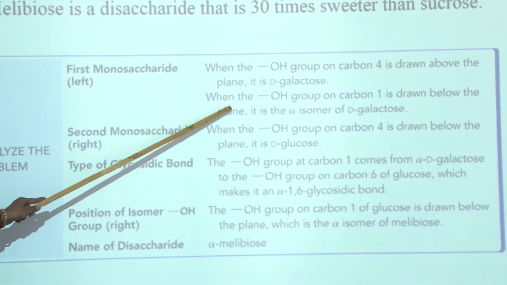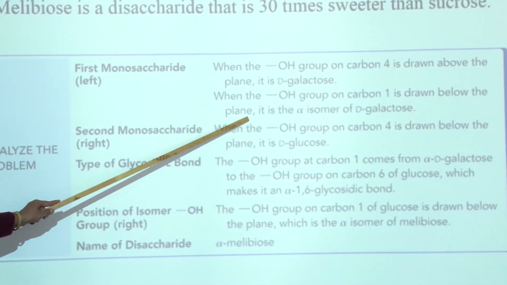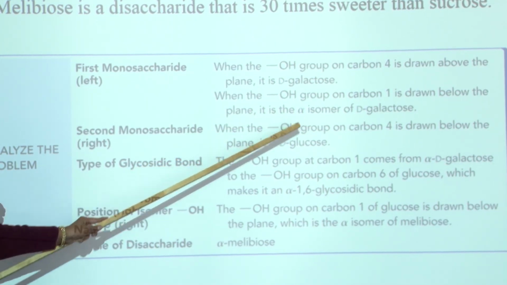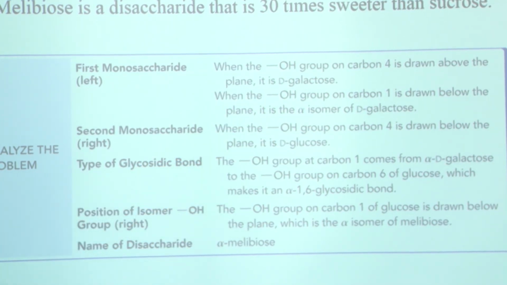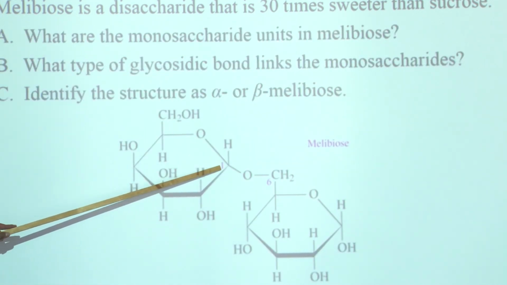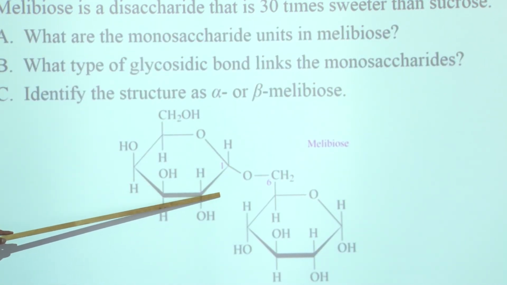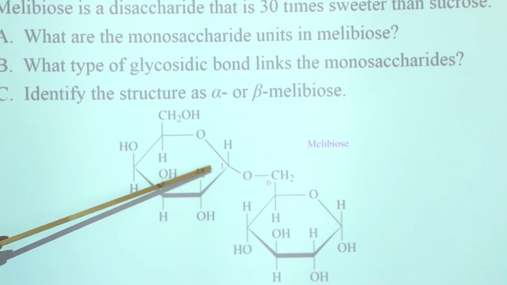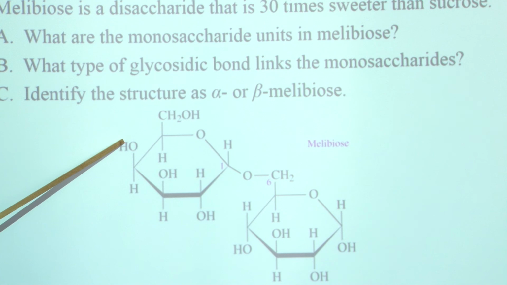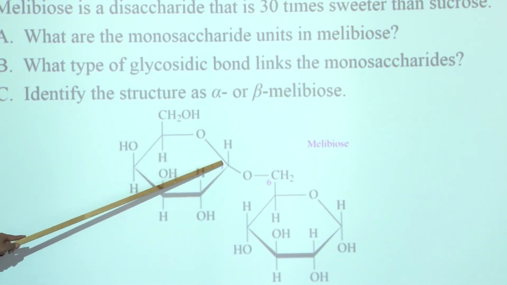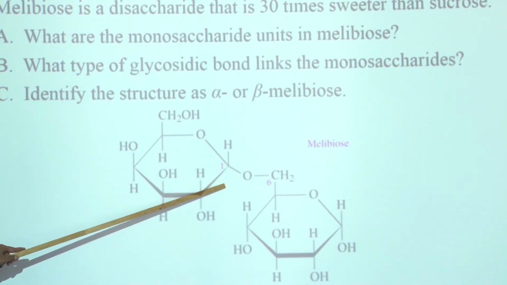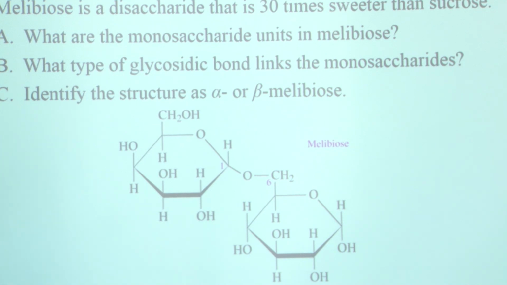When the OH group in carbon 1 is drawn below the plane, it is the alpha isomer of D-galactose. Carbon 1 OH is drawn below the ring, alpha D-galactose. So this determines it is galactose. This OH determines it is alpha D-galactose. Okay.